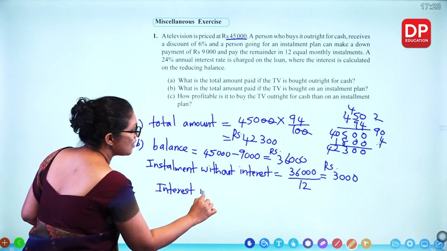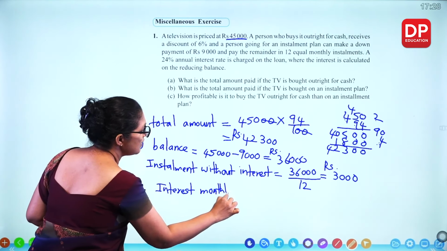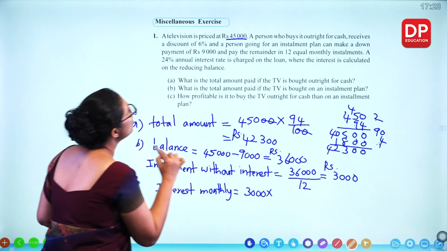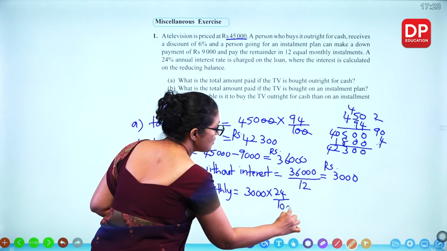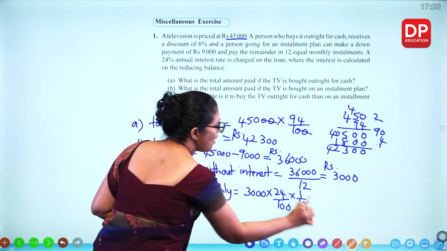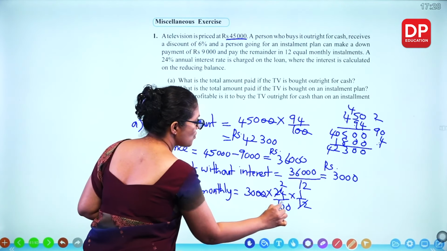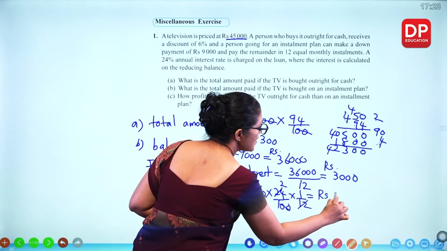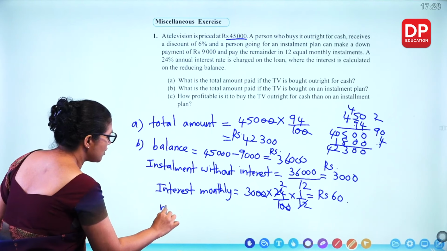Monthly interest: 3,000 into 24% annual interest, and if it's monthly you have to divide by 12. 12 times 2, 2 zeros get cancelled out, so 60 rupees, and we need to find out the month units.